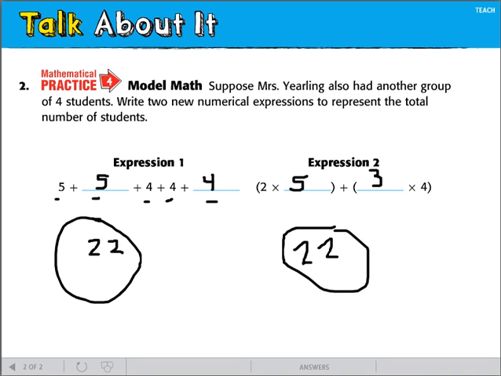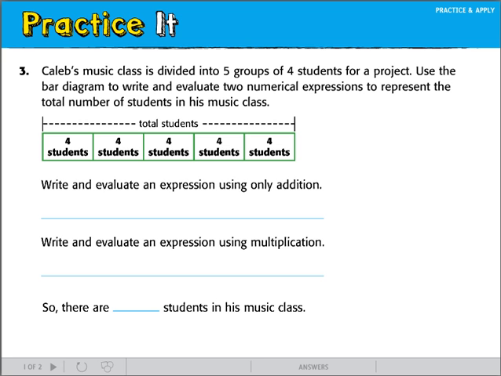Okay. Now, we're going to write and evaluate expressions using only addition and using multiplication. We're going to use our table here, okay? And according to our table, it says Caleb's music class is divided into 5 groups of 4 students for a project. Use the bar diagram to write and evaluate 2 numerical expressions that represent the total number of students in his class.